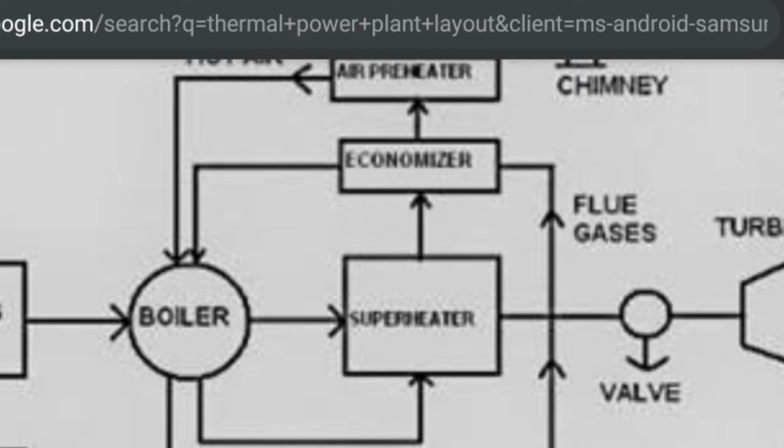The flue gases from the boiler make their journey through superheater, economizer, air preheater, and are finally exhausted to atmosphere through the chimney. This is about boiler.